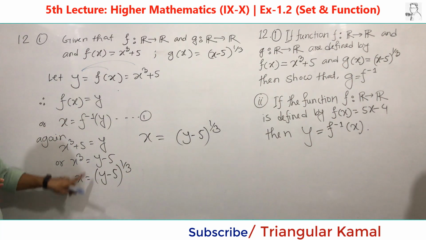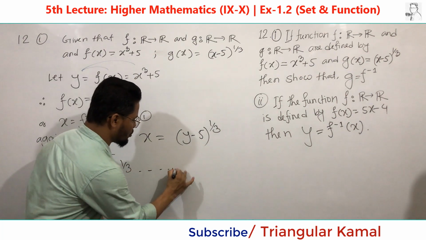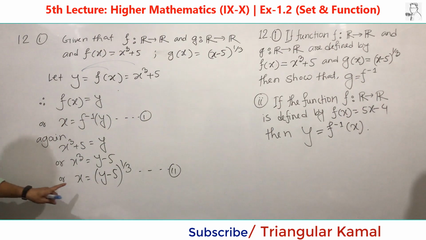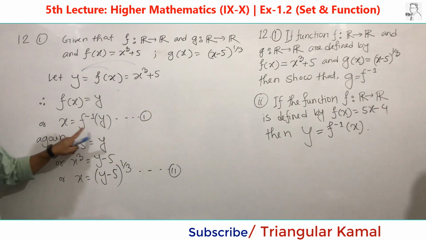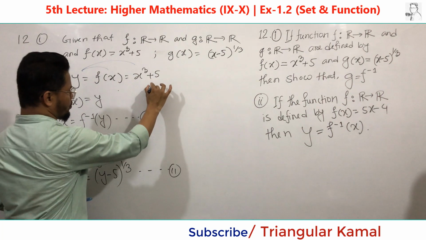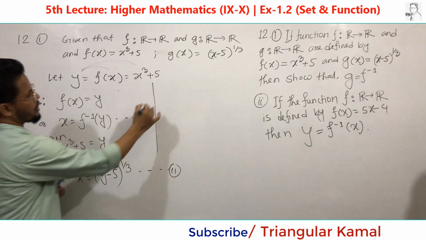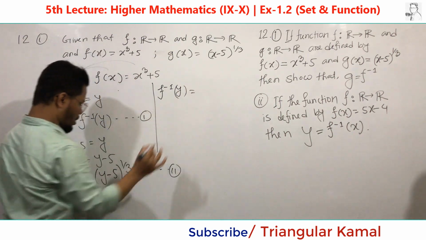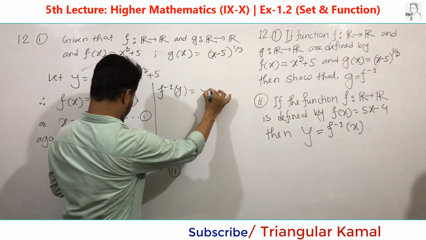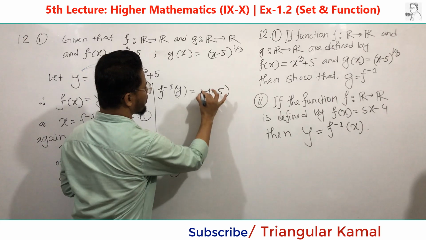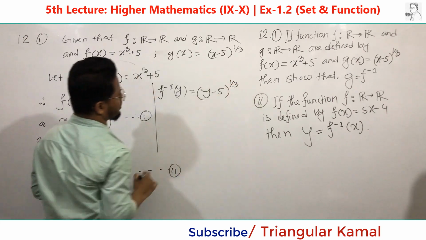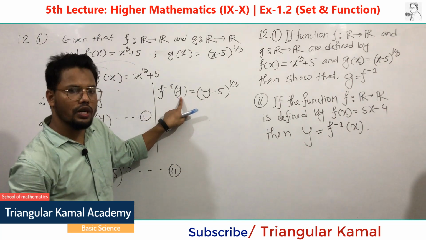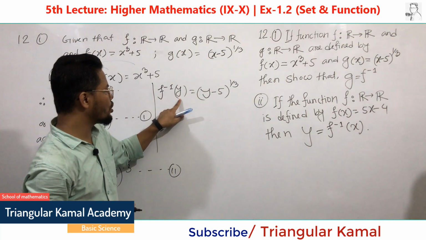Now comparing equation number 1 and 2, this is the value of x, and this is also the value of x. So from this we can write f inverse y equal y minus 5 to the power 1/3. Now this is the inverse function for the variable y. Now we will change the variable y to x.